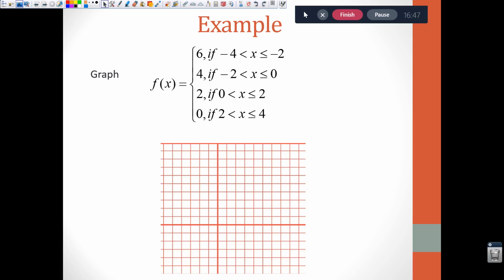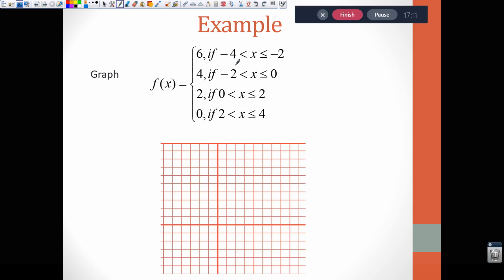If f of x or y equals 4, then my x values are in between -2 and 0. If f of x equals 2, then my x values are in between 0 and 2. And if f of x equals 0, then my x values are in between 2 and 4. So let's start this off.